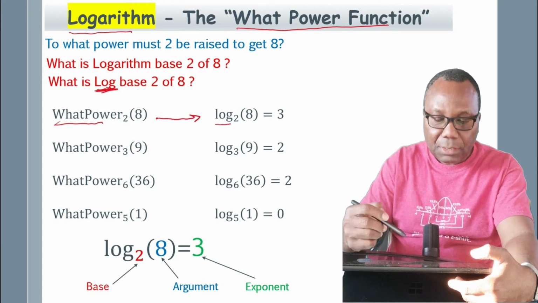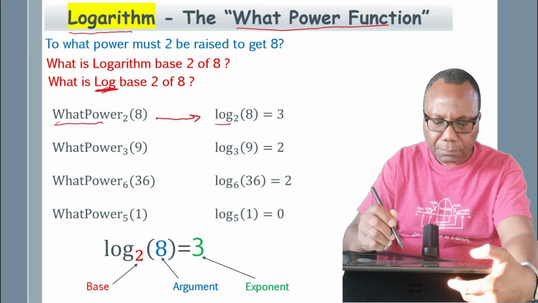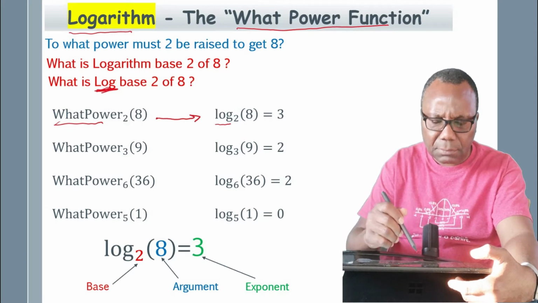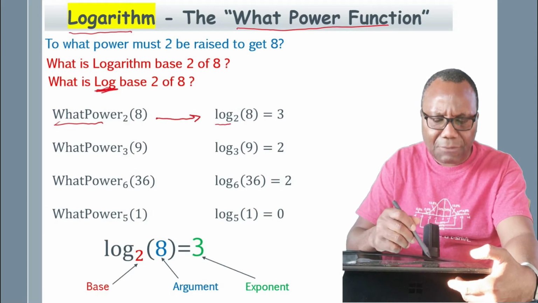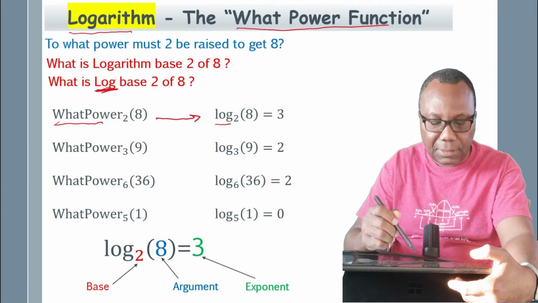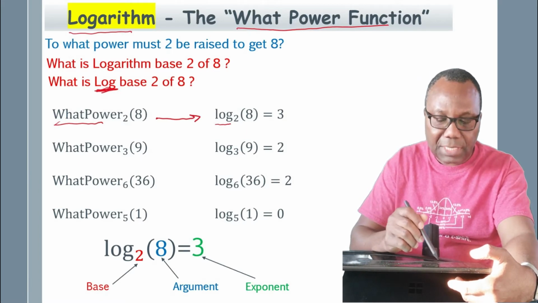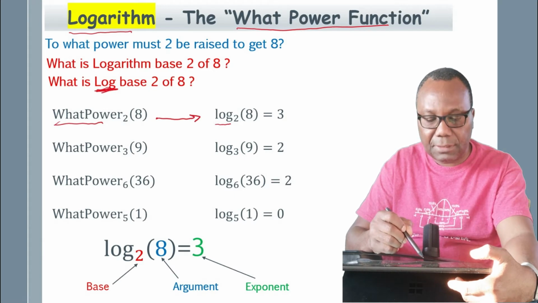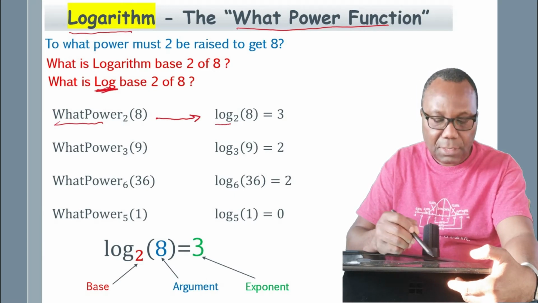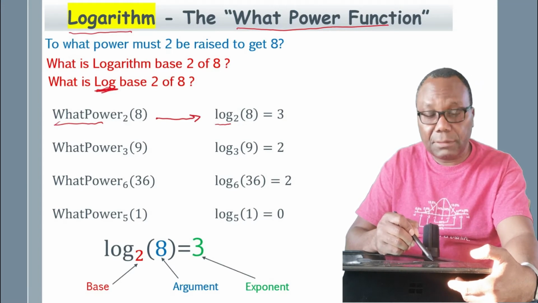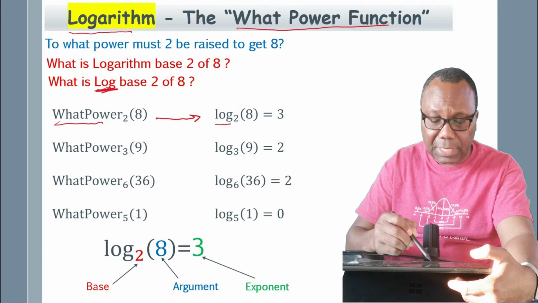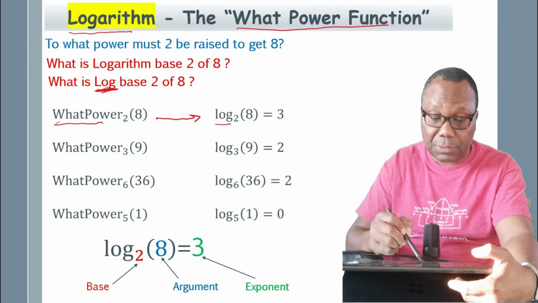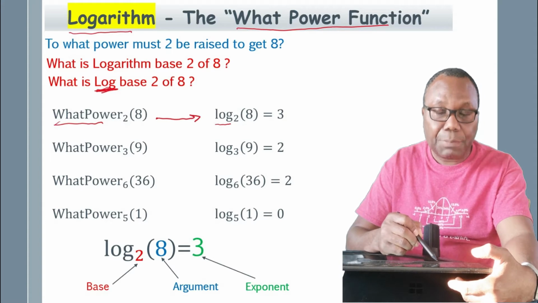Just a quick going over some of the other vocabulary you're going to see in this lesson. Whenever you see an equation like log base 2 of 8 equals 3, we can separate these numbers, and to refer to them, we need to give them particular names.